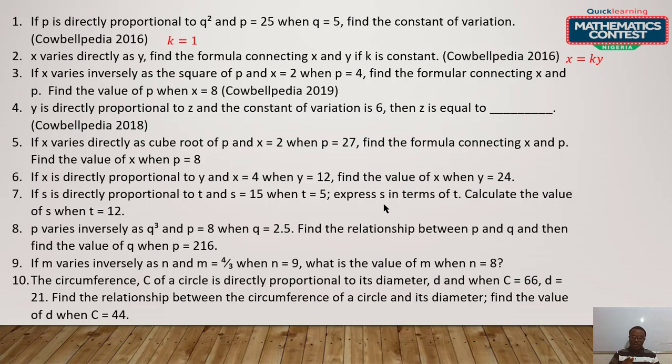Get ready to stop for question number 8. Okay, time's up. Now let's see it together.